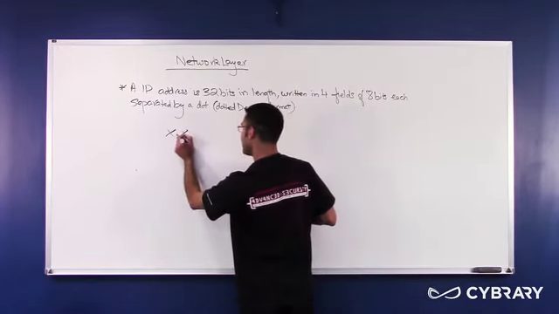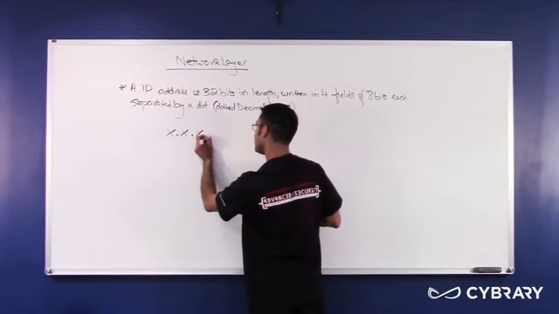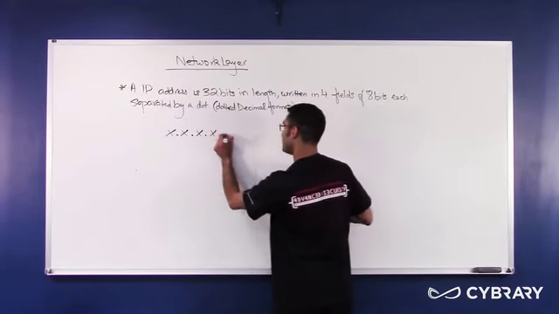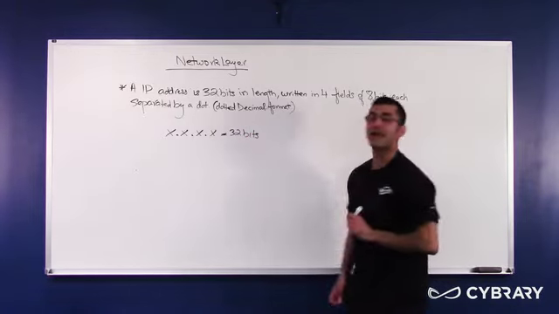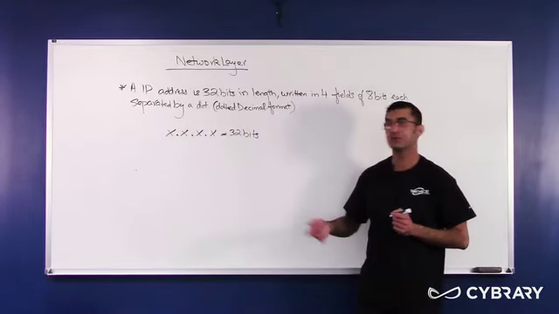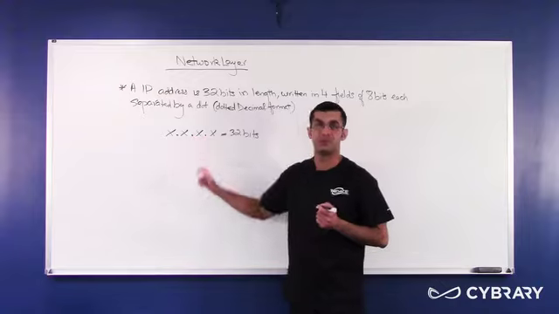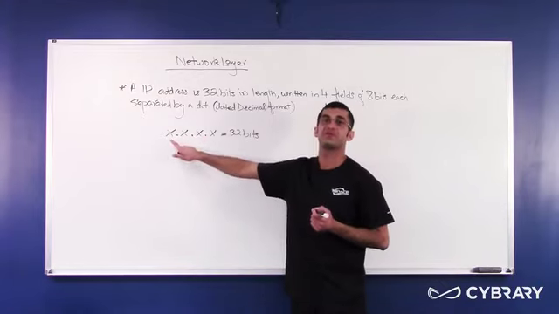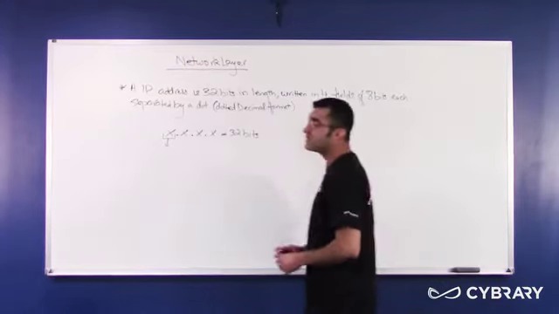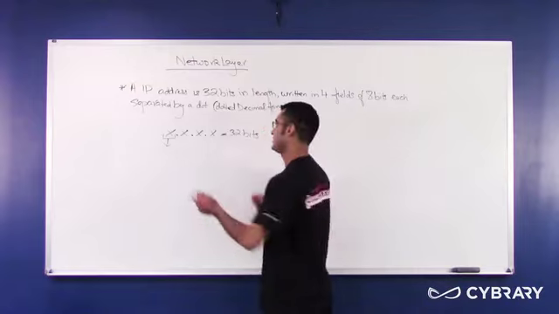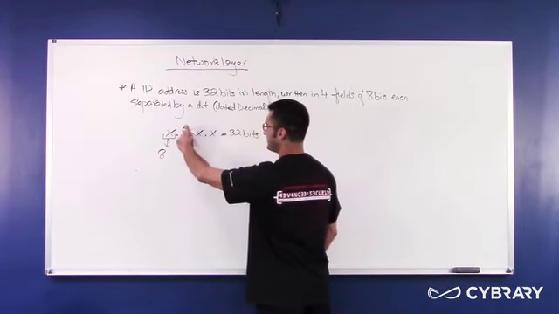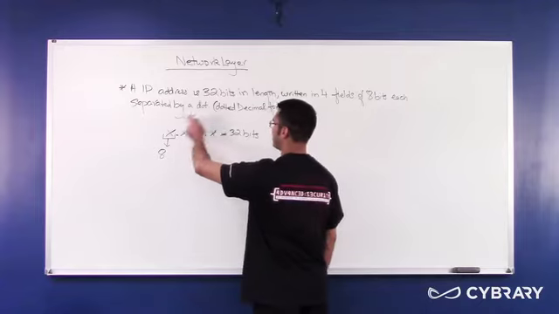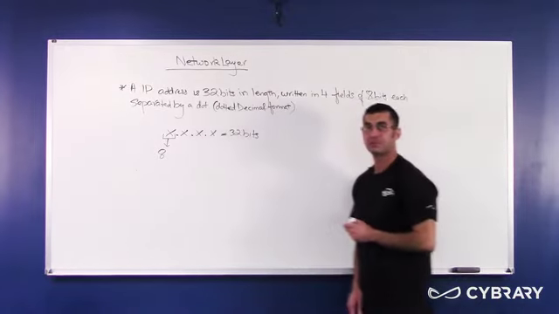So x dot x dot x dot x equals 32 bits. Now x is a number. X is a variable. I put x instead of putting a number. We'll discuss what goes in the place of x in a second. Now, each one of these fields is 8 bits. So 8 plus 8 plus 8 plus 8, 8 times 4 equals 32.